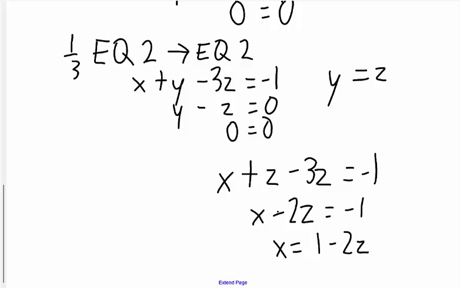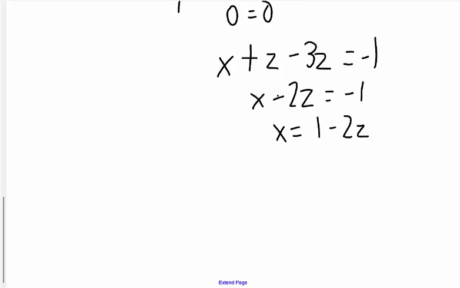Since y and z are the same, if we call z some number a, we're going to say z is equal to some number a. Then, since z equals a and y equals z, y also equals a. So we could replace them. We could say x equals 1 minus 2a.